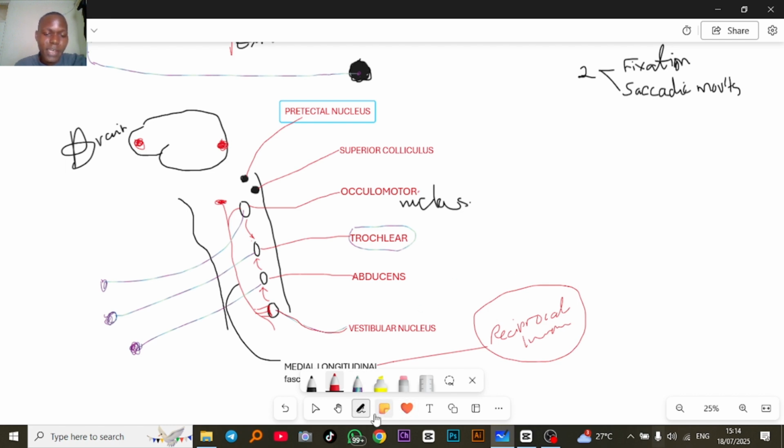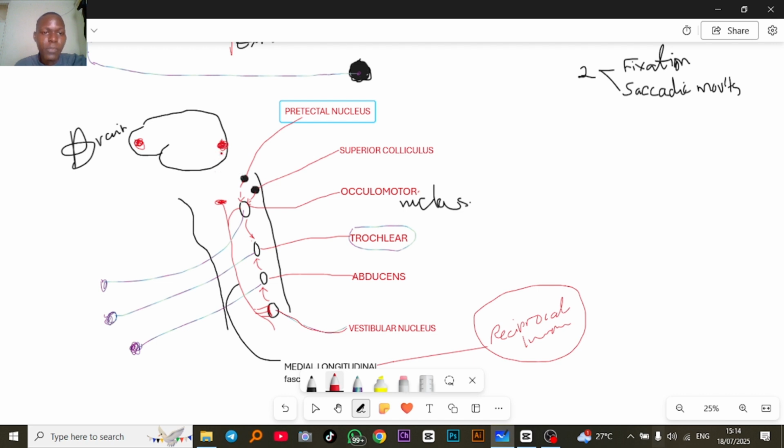So that aside, we also have information coming from the pretectal nucleus into the oculomotor nucleus, and from the superior colliculus into the oculomotor nucleus still. But where is this information coming from actually? This information from the pretectal and the superior is primarily from the brain.